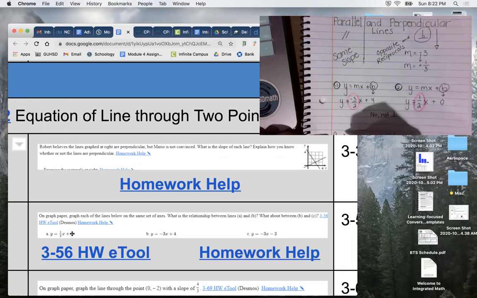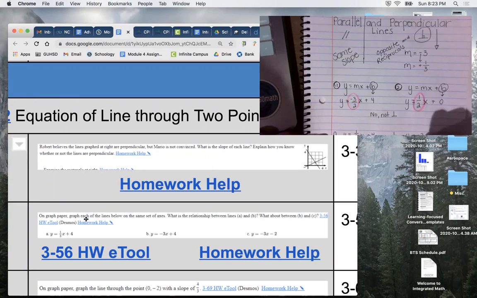In this first one, I have y is equal to 1/3 x plus 4. I'm writing this down so that when I go over to Desmos, I can actually see it. My B line is y is equal to negative 3x plus 4. And then here I'm going to be comparing that same one, negative 3x plus 4, and C is y is equal to negative 3x minus 2.